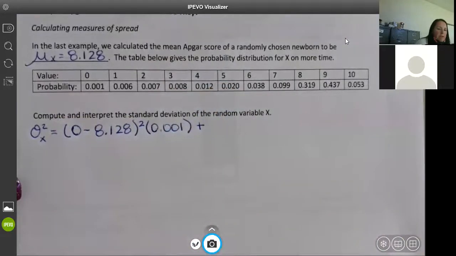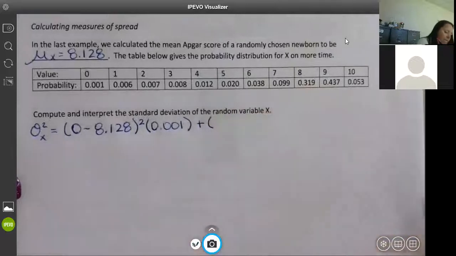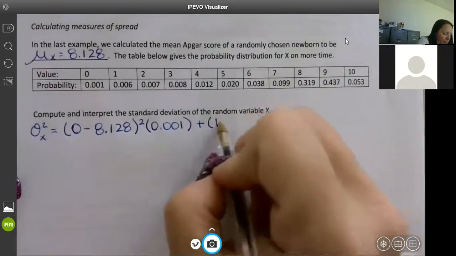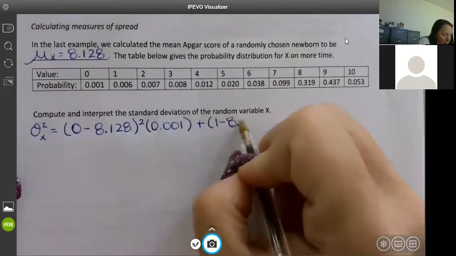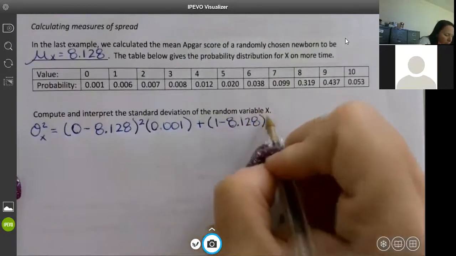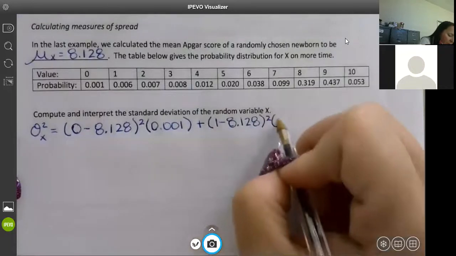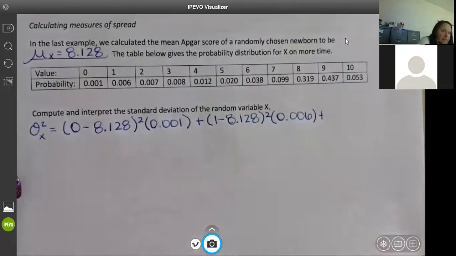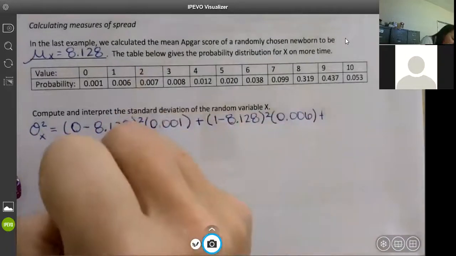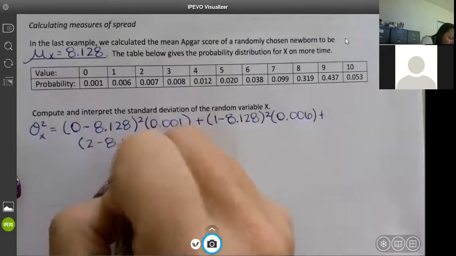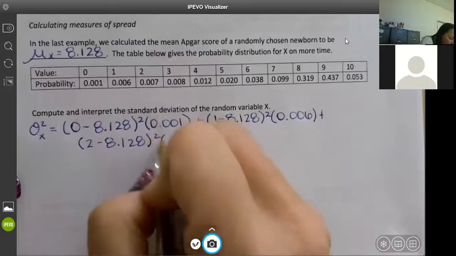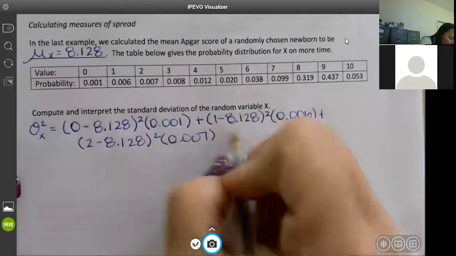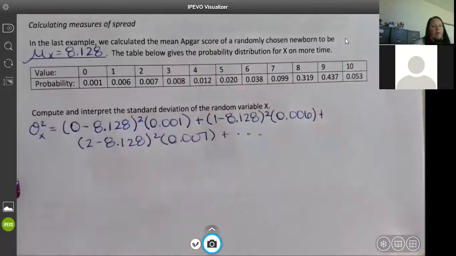So what would the next one be? Times 0.006. The next one would be 2 minus 8.128 squared times 0.007. And you keep doing that.